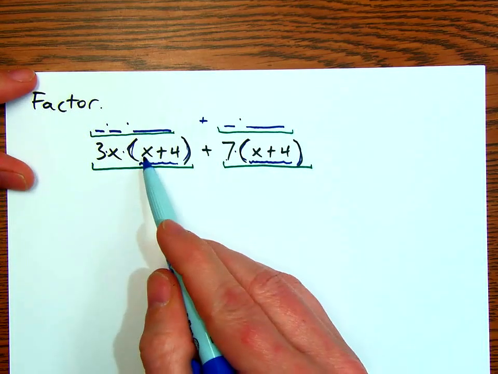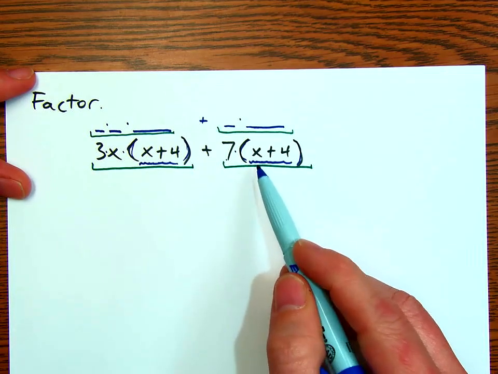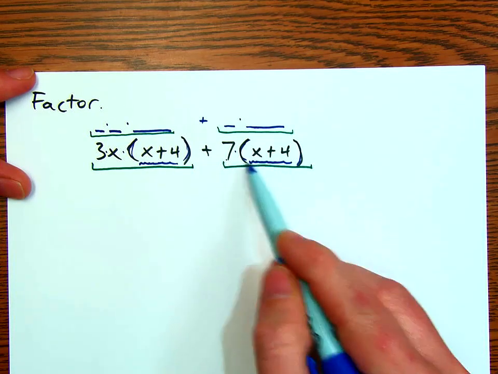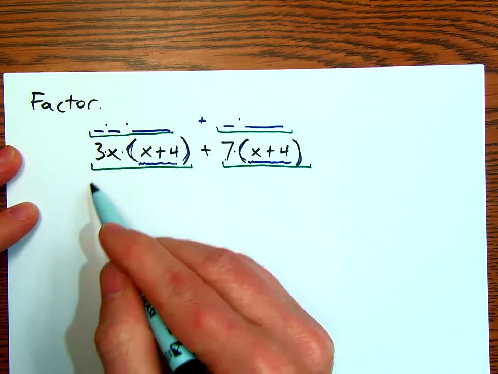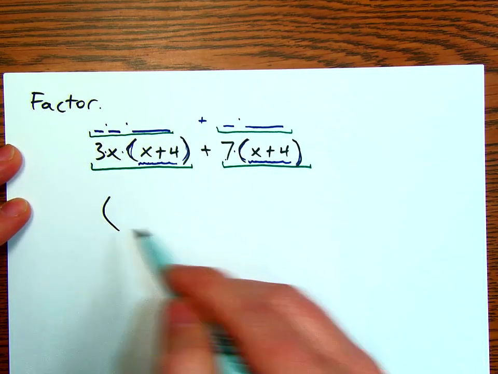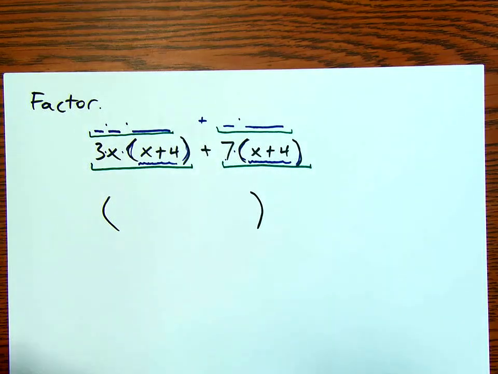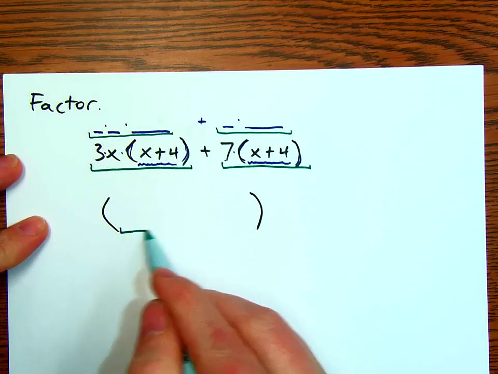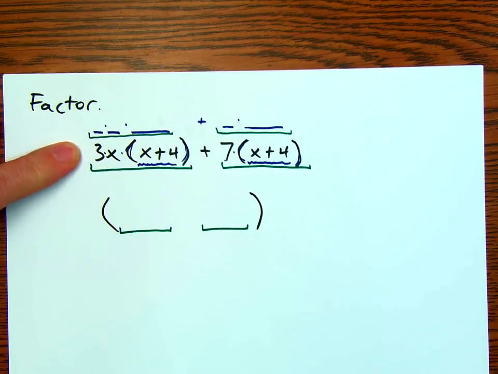So this first expression is a positive x plus a 4. This second expression, the second term, is also a positive x plus 4. So since these are exactly the same, we can do this the exact same way and say, okay, from both of these terms, and I'll just set it all up here, from both of the terms that we have, we can actually factor out the expression x plus 4.